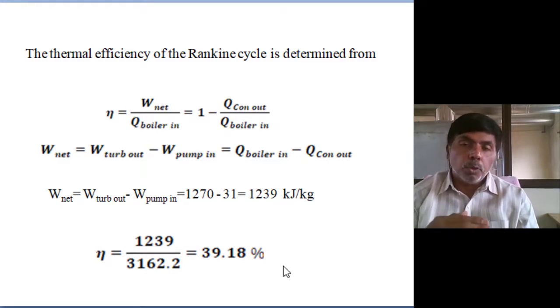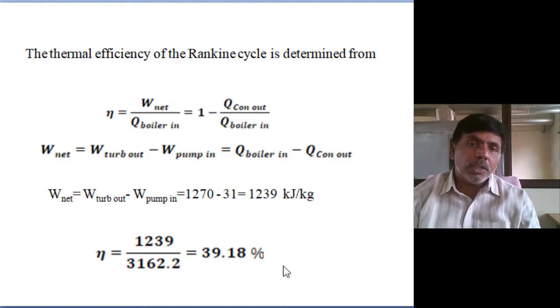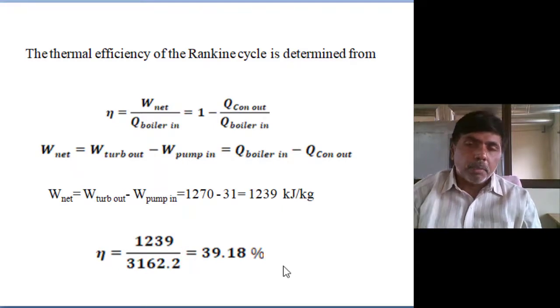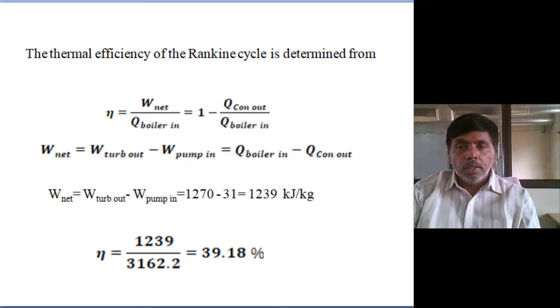You just move to 150 bar and do the reheating; with reheating and regeneration we are achieving more than 40% efficiency. So that's why we are using only the modified Rankine cycle: reheat, regenerated, superheated, supercritical thermal power plants for power generation. One more problem.